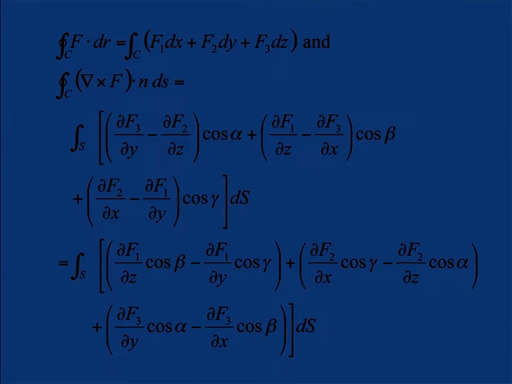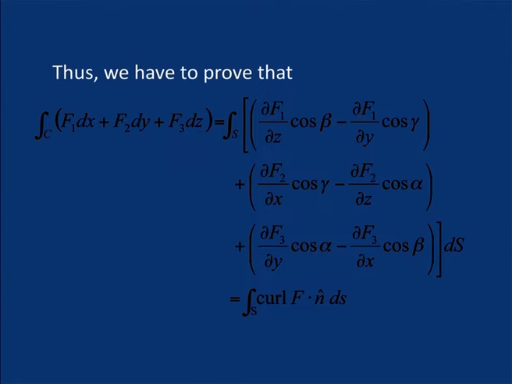Thus, we have to prove that the double integral over the surface S becomes the single integral, the line integral of f dot dr, as the integral over C of f1 dx plus f2 dy plus f3 dz, which is equal to the surface integral of curl f dot n cap ds.